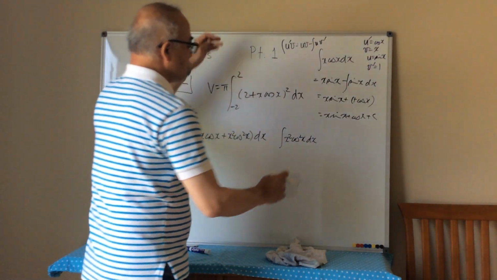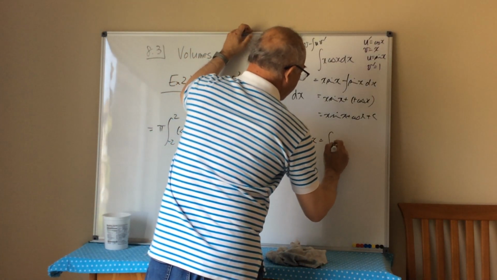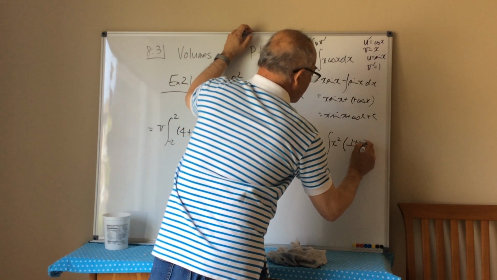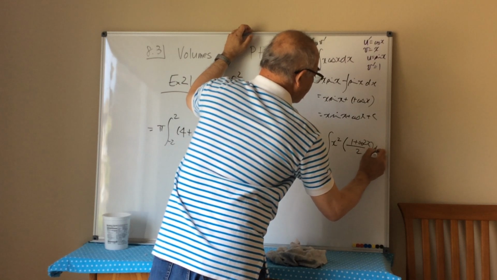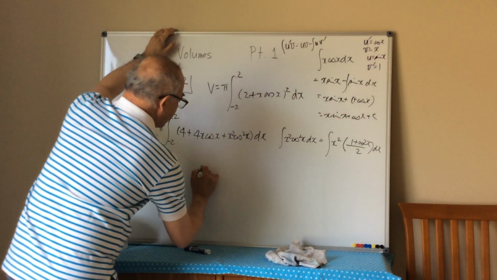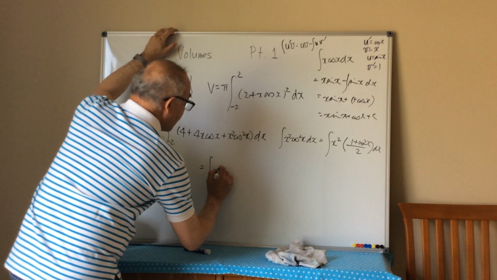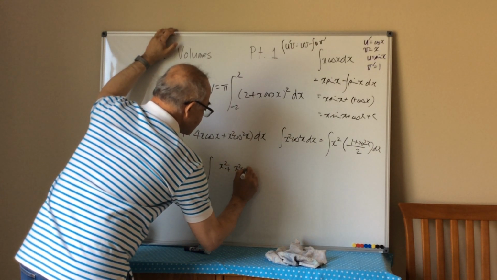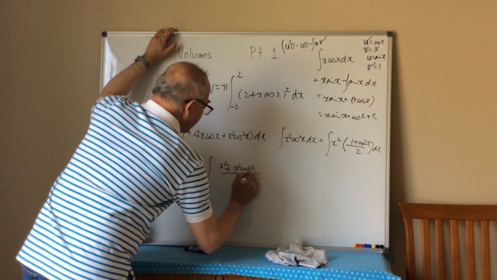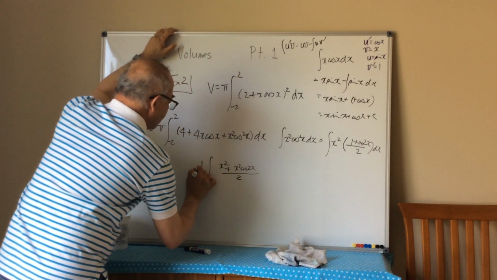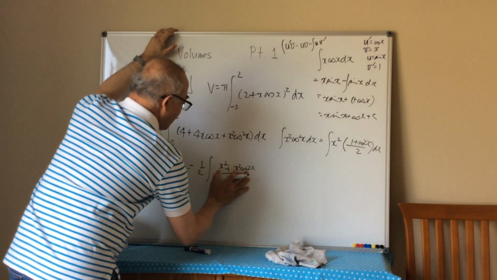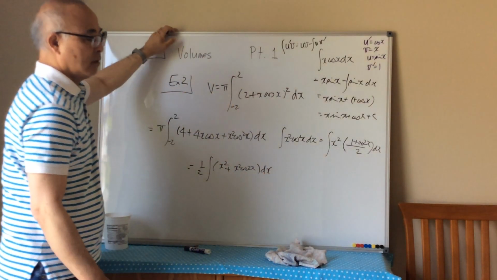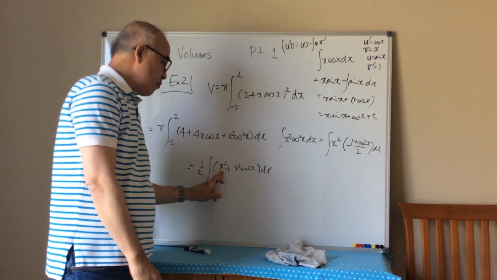You would use the double angle identity in trig, and you would say cosine squared x is 1 plus cosine 2x over 2. And then you're going to get x squared plus x squared cosine 2x, all over 2. I'm going to pull that 2 out and not worry about it. So this guy here is simple, no worries here.